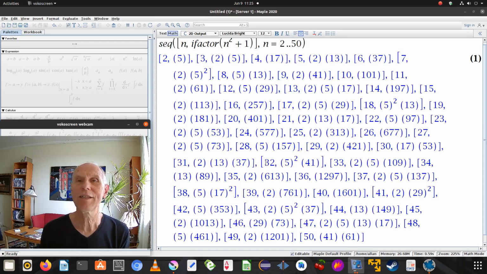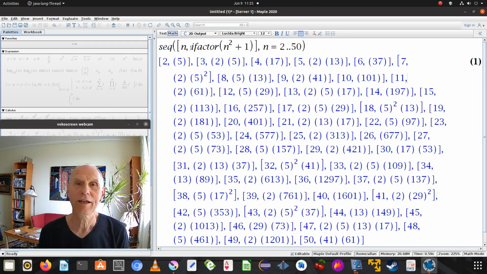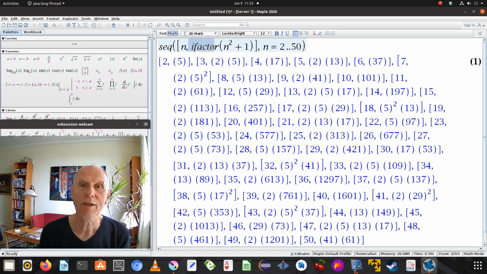I have no idea how to prove it, but I worked through some examples of n squared plus 1 and factored them, made prime factorization, and I used all integers from 2 to 50 to get their prime factorization.